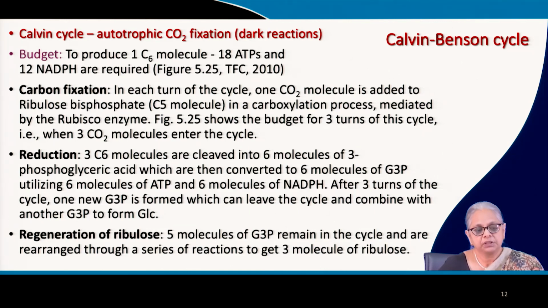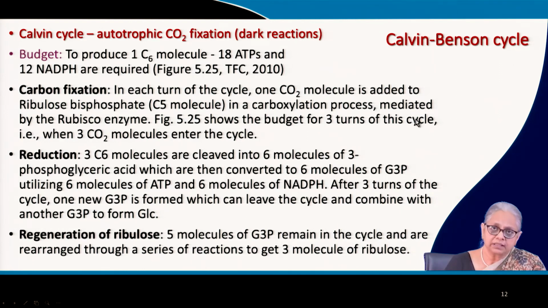So let's start with the very first step. In the first turn of the cycle, one carbon dioxide molecule is added to ribulose bisphosphate, which is a C5 molecule, and this is a carboxylation process. It's mediated by the Rubisco enzyme, and you can refer to the figure. The figure in the textbook shows the budget for 3 turns of this cycle.